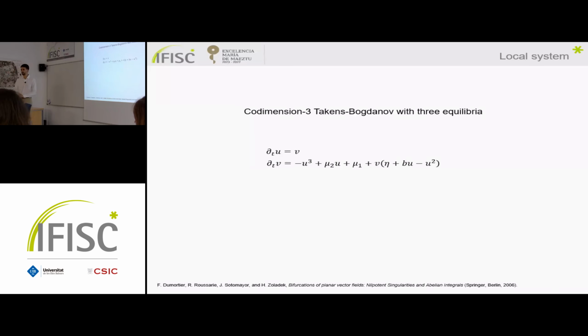So to do so, we go to a very general system, this codimension 3 Takens-Bogdanov with 3 equilibria. That is a normal form that has a description of type 1 excitability through many routes. So it can describe the formation of these excitable trajectories through a SNIC and also a saddle loop.